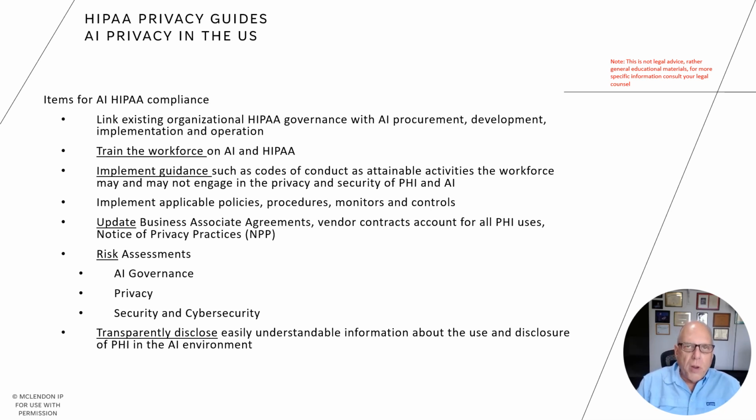And then transparently disclose easily understandable information about the use and disclosure of PHI in the AI environment. You've got to make it easy and transparent for people not to be afraid of your AI systems, to want to allow you to use them because they perceive that they will be of benefit. And that's what we want.